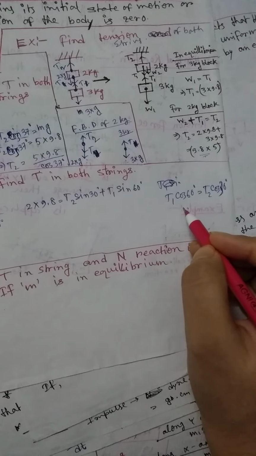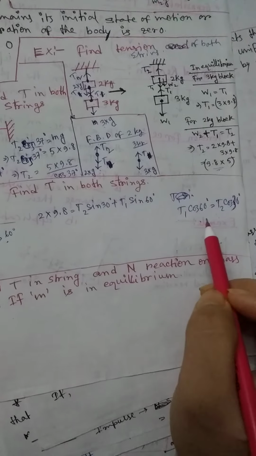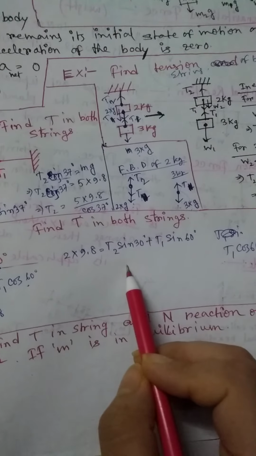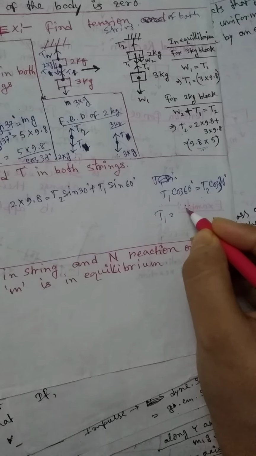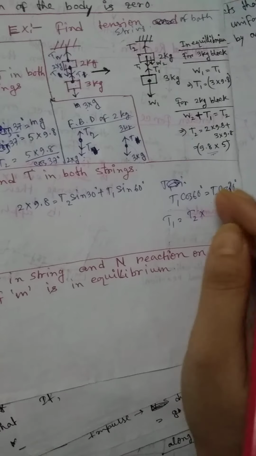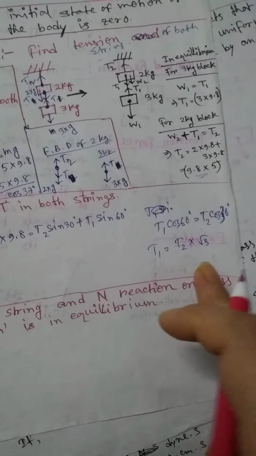From this equation we can get the relation between T1 and T2, and by using this relation you can find out the values. If we want to find T1, so T1 equals what? T2 into cos 30 by cos 60, right? So cos 30 equals root 3 by 2, divided by 1 by 2. That means root 3. So this is the relation.